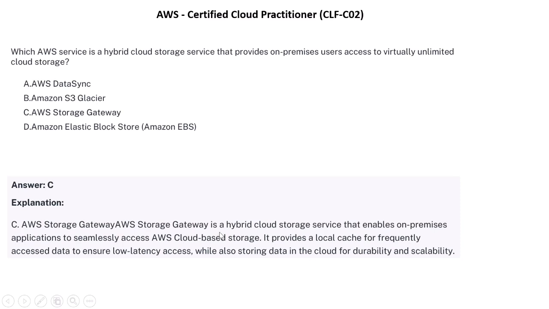AWS Storage Gateway is a hybrid cloud storage service that enables on-premises applications to seamlessly access AWS cloud-based storage. It provides a local cache for frequently accessed data to ensure low latency access, while also storing data in the cloud for durability and scalability.